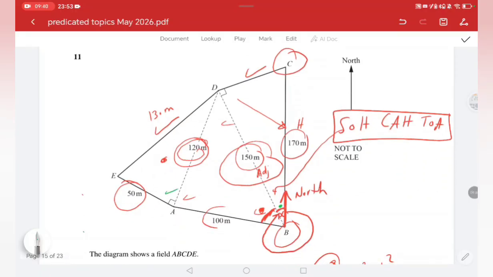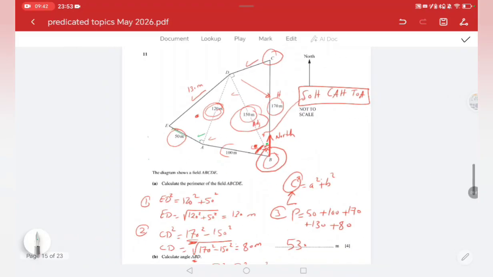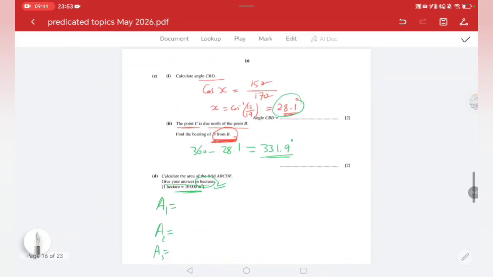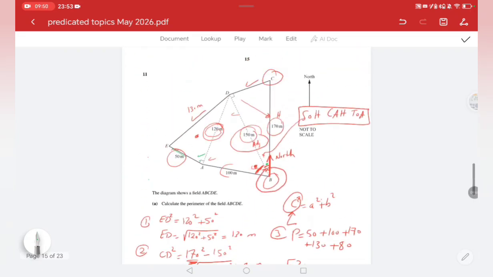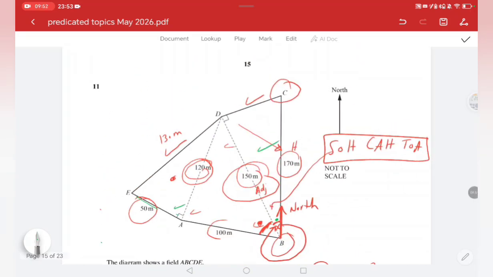I may say 1/2 the base times the height, so 1/2 the base 50 times the height. The second one, this one is also a right angle triangle, so you may also say 1/2 times the base times the height.